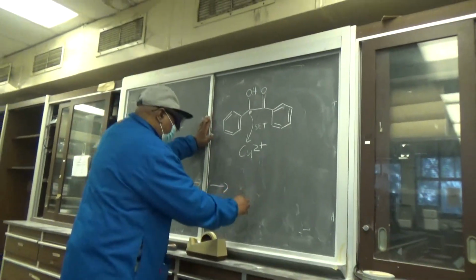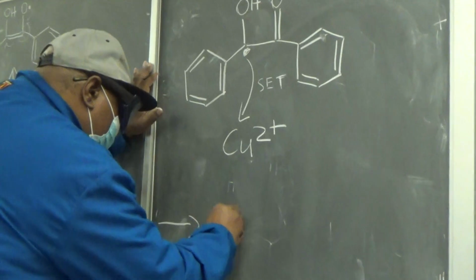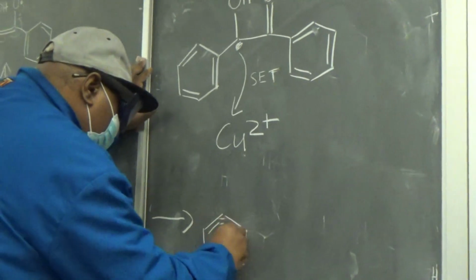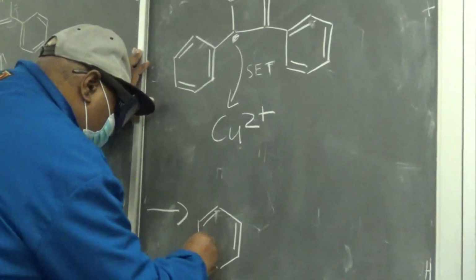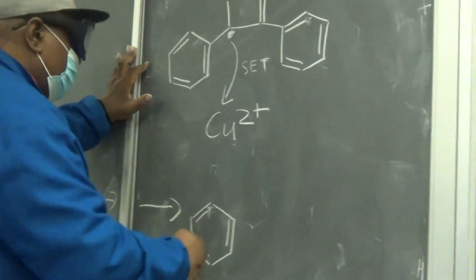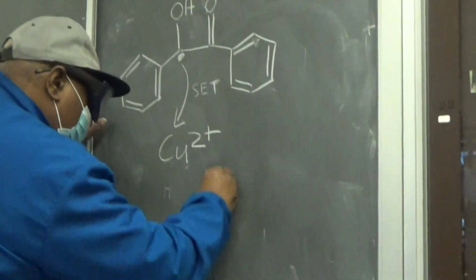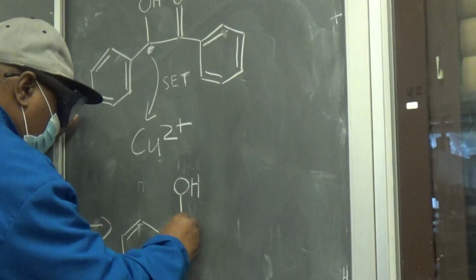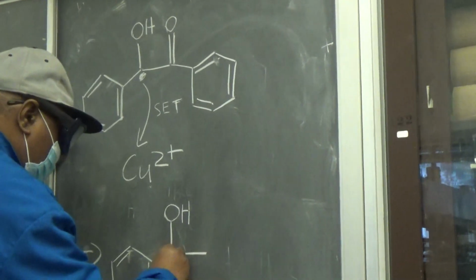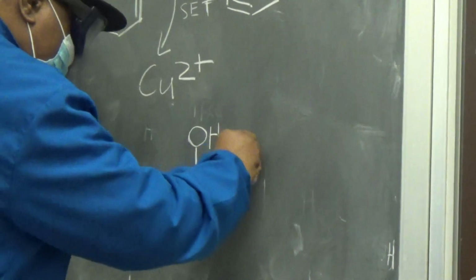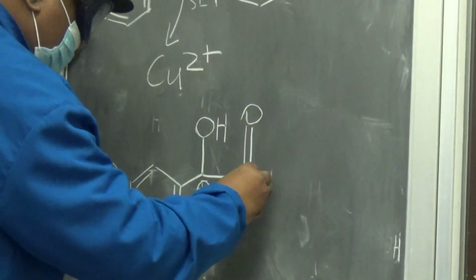Now what you have here is a positive charge. Here you have a keto group.